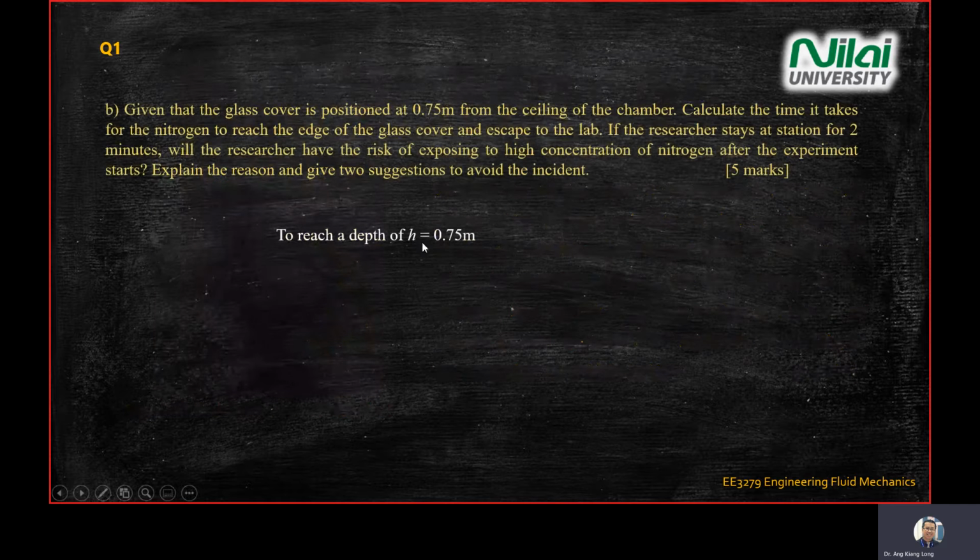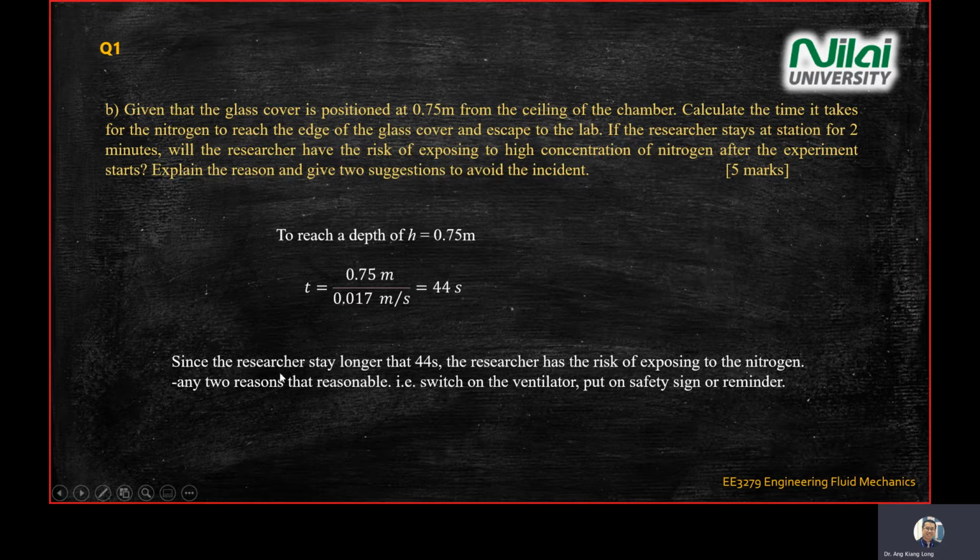To reach the depth of 0.75, you simply take T equal 0.75 divided by the rate that you calculated in section A just now. So the time is 44 seconds, right? And of course, the researcher will be exposed to the nitrogen because they stay more than 44 seconds.